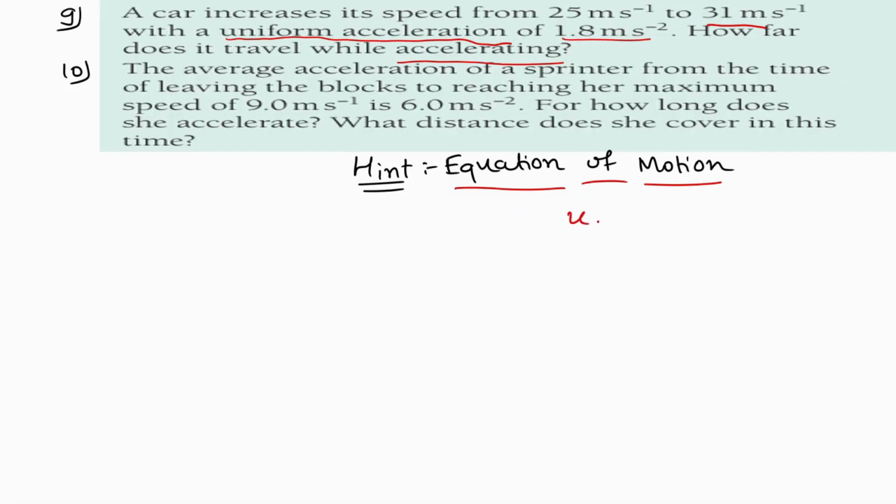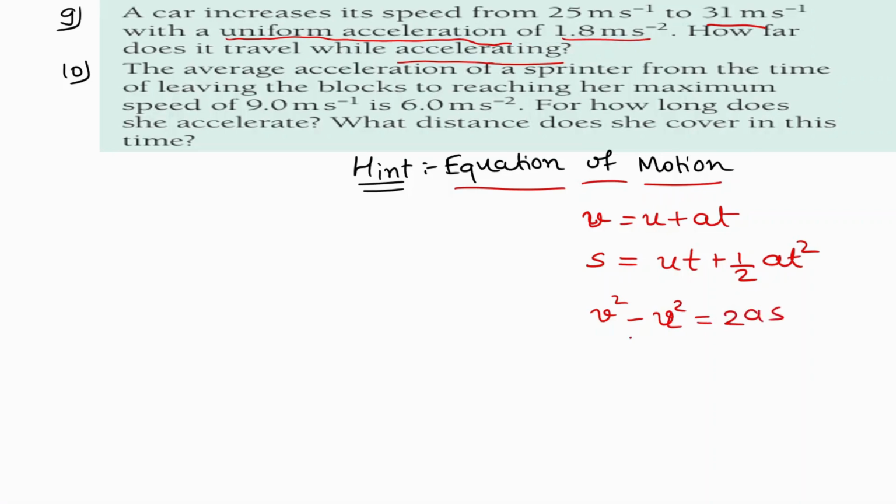Let me write here. v equals u plus at. That is the first equation. The second is s equals ut plus half at square. And the third one is v square minus u square equals 2as.